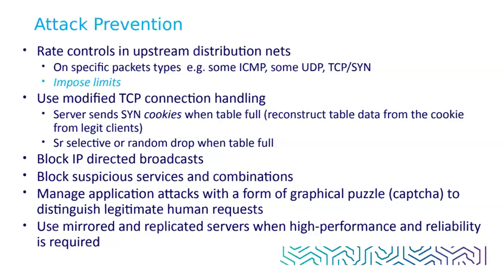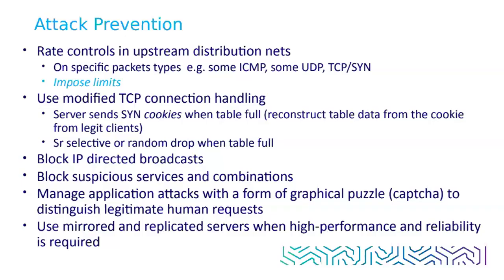Effective DOS and DDoS attack prevention requires a layered approach which combines network-level, server-level, and application-level defenses. The network controls like rate limiting, packet filtering, and blocking directed broadcast reduce malicious traffic before it reaches the target. Server mechanisms like SYN cookies and selective connection management protect critical system resources from exhaustion.